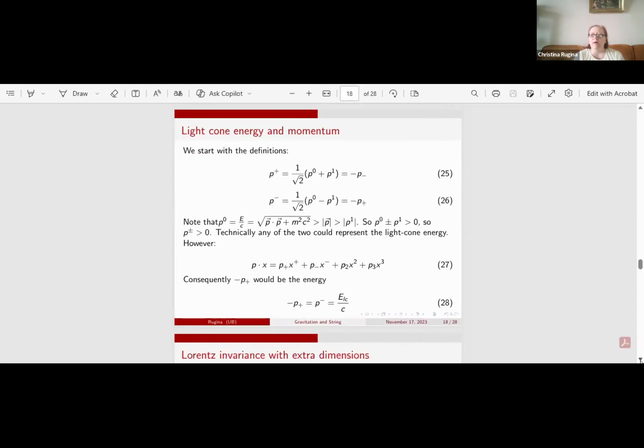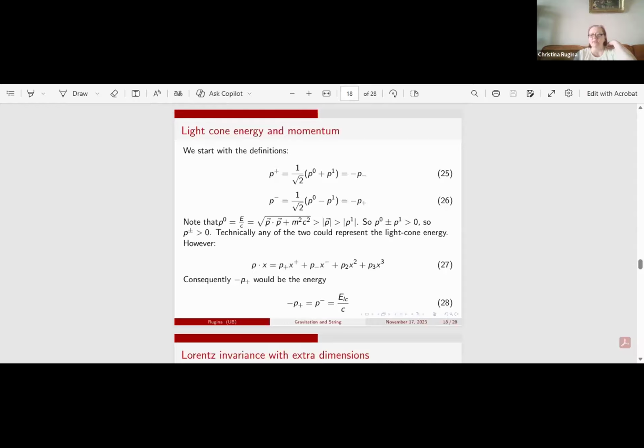Okay, now light cone energy and momentum. Of course, the P plus and P minus, plus up, minus down, up and down, like that. They're related this way through a metric which is not the Minkowski metric.